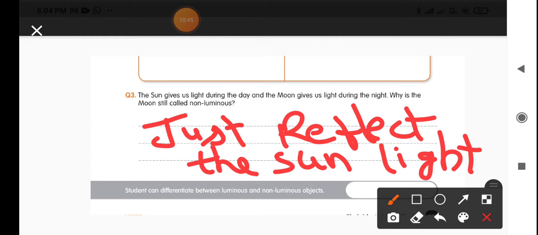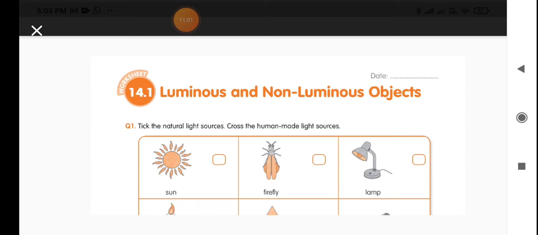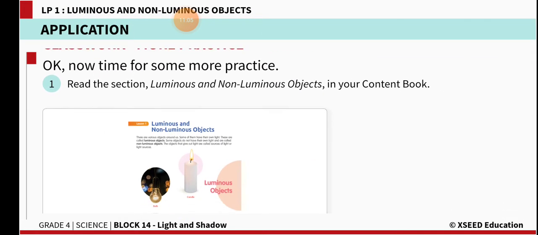When the sunlight falls on the moon, some light is bouncing back. So it doesn't have its own light. That's why it is known as a non-luminous object. Understood, children?